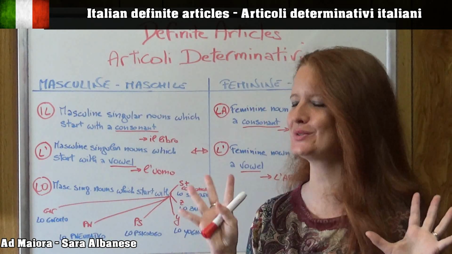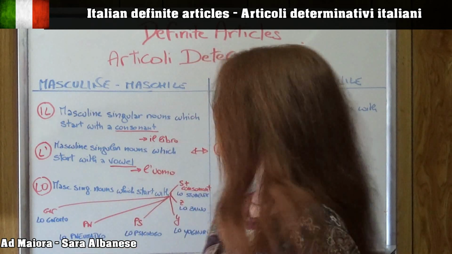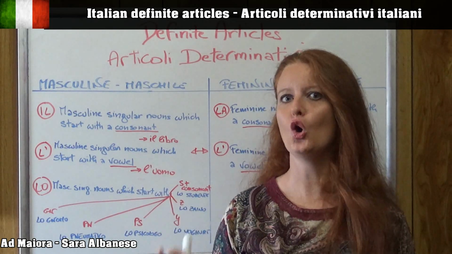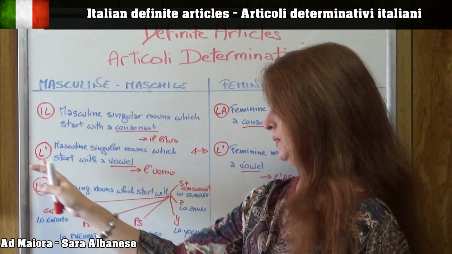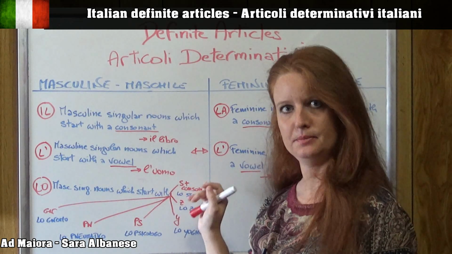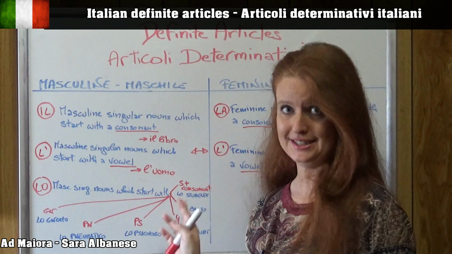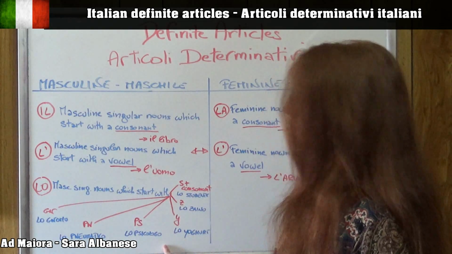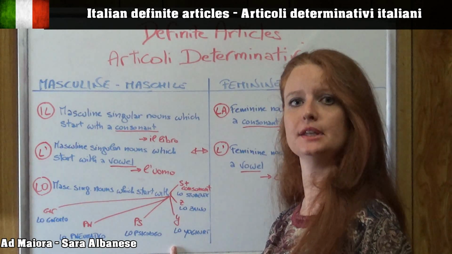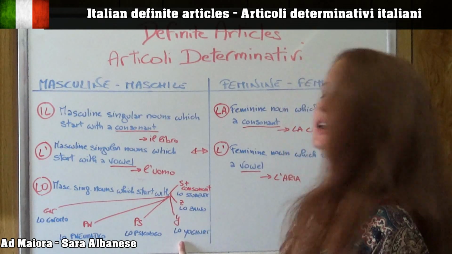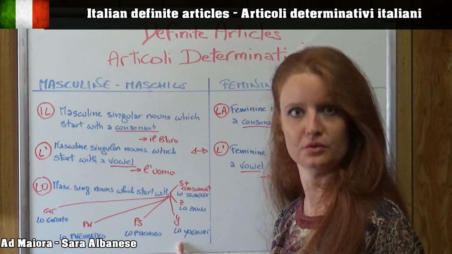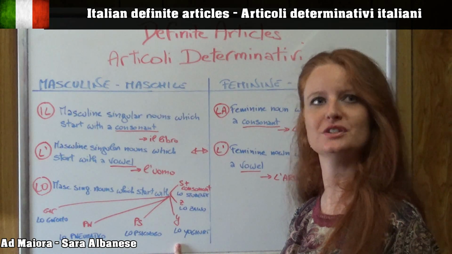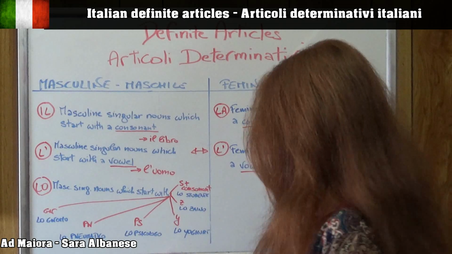It sounds really uneducated. You should say lo zaino. So we use lo when we have S plus consonant, then zeta. Y in Italian, like yogurt, what you eat: lo yogurt. You would say lo Yankee.